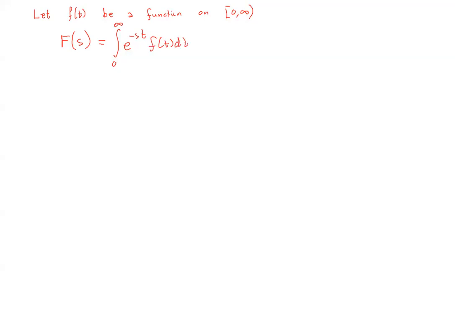Okay, and now you can see what is going on. You have this quantity that depends on s and t. t is the variable of integration. I said it is absorbed, I said consumed. You can put any descriptive verb that you like.